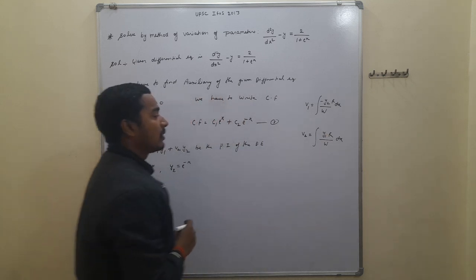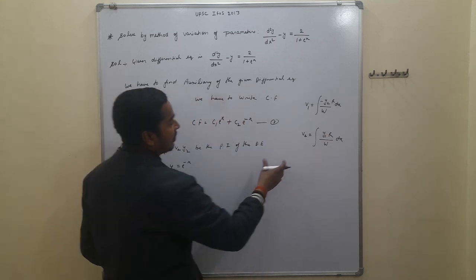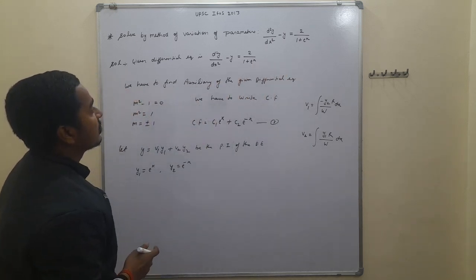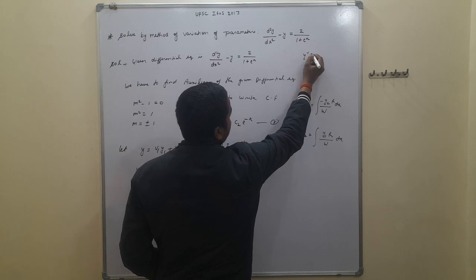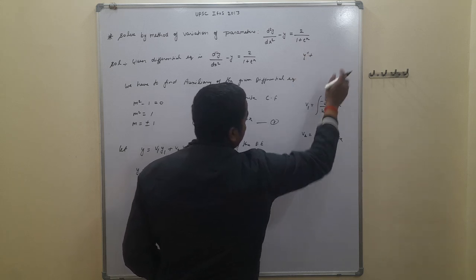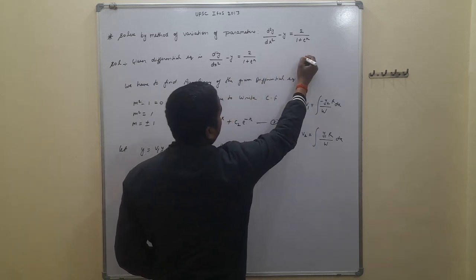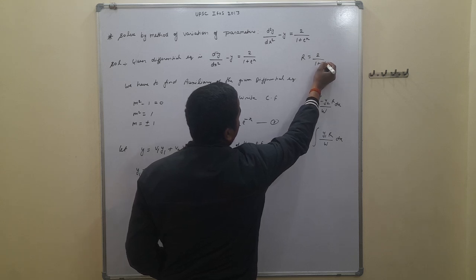Here w is the Wronskian we have to find, and r is obtained by comparing the differential equation with y double dash plus py dash plus qy is equal to r. Here r is equal to 2 upon 1 plus e to the power of x.